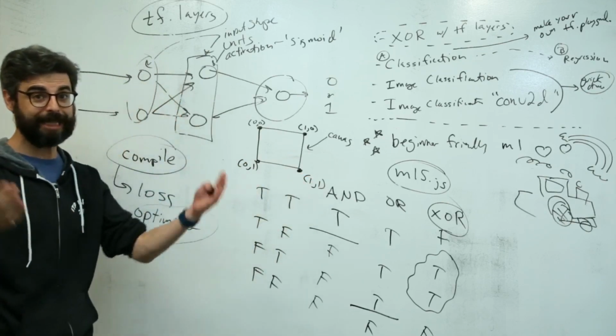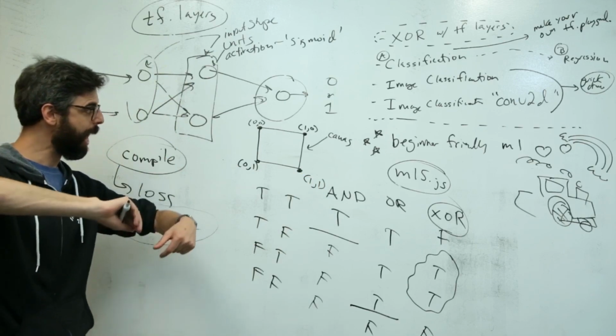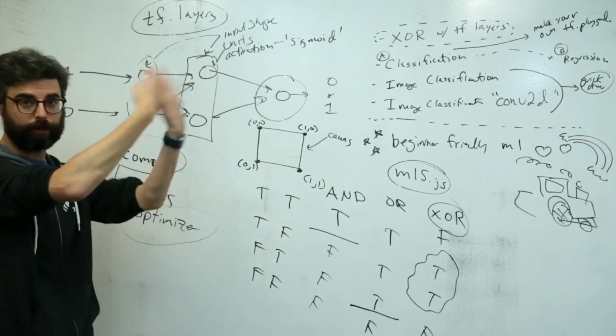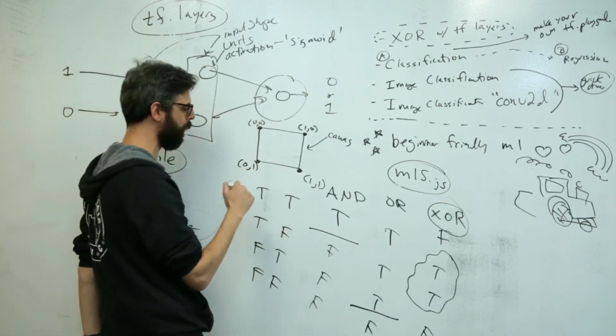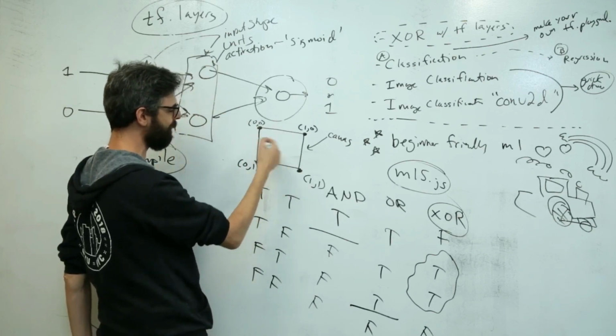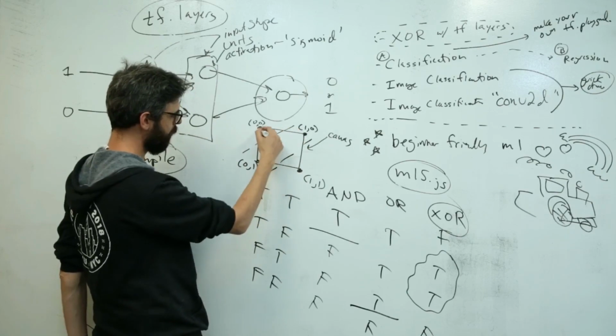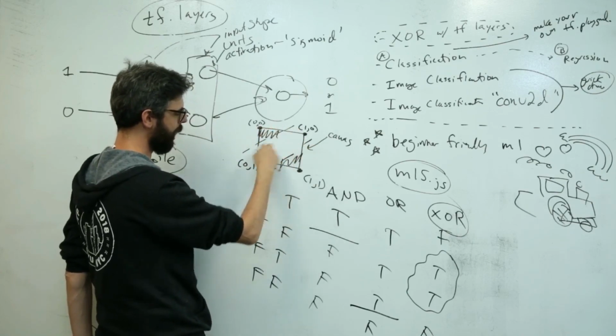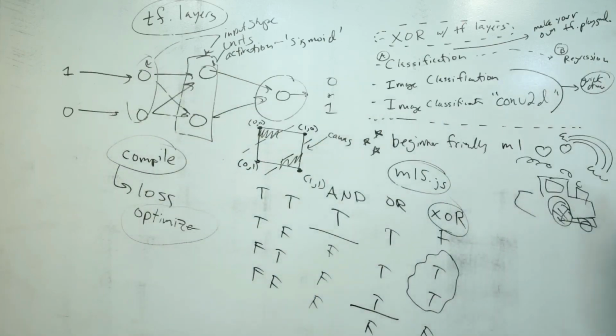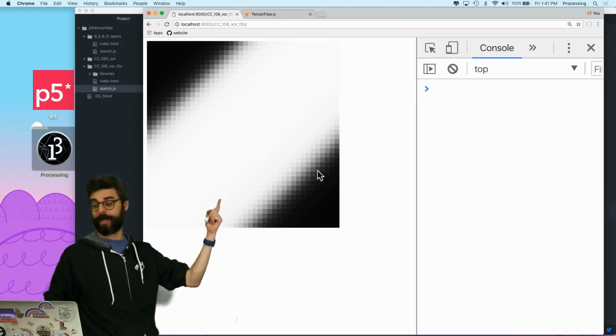False is black for 0, and true is white for 1. That's the way I'm going to map the color. So I should be getting something like this, darker here and like this. Let's go look. Does that match? Yeah, that's exactly what I'm seeing here.